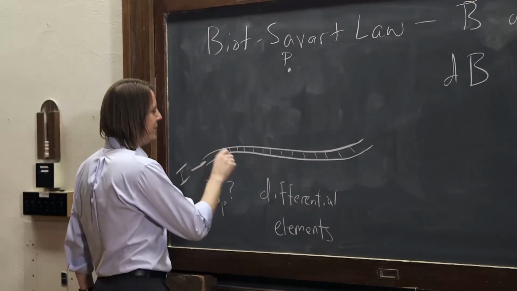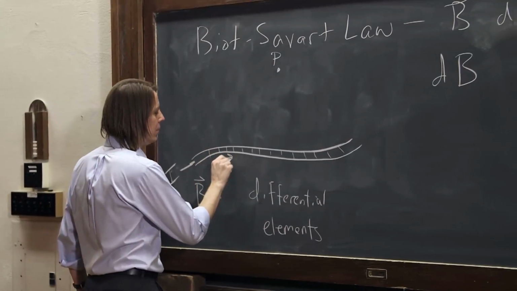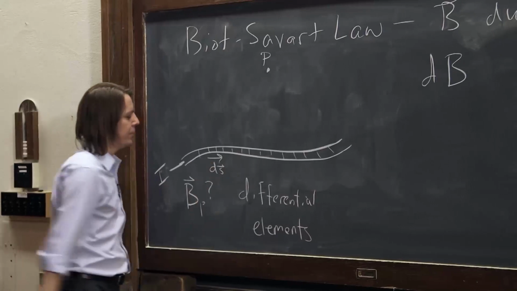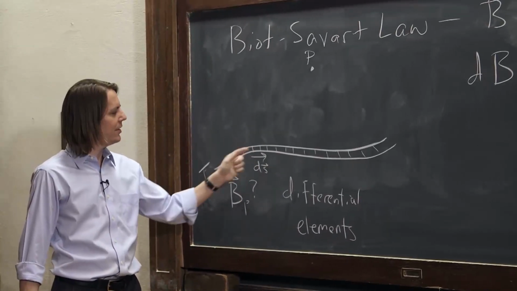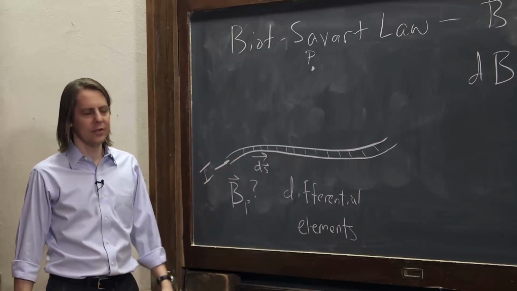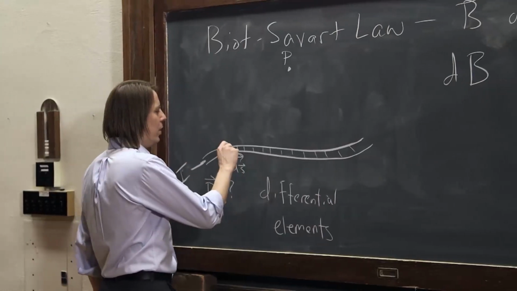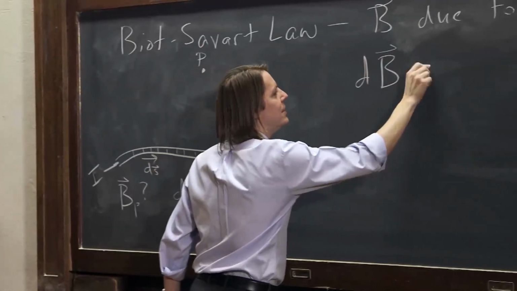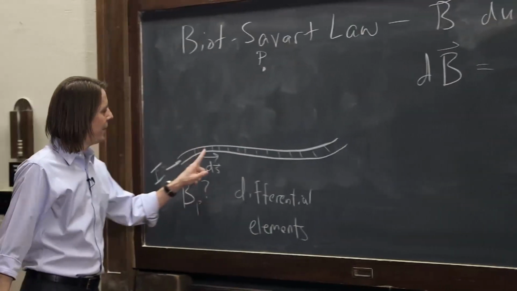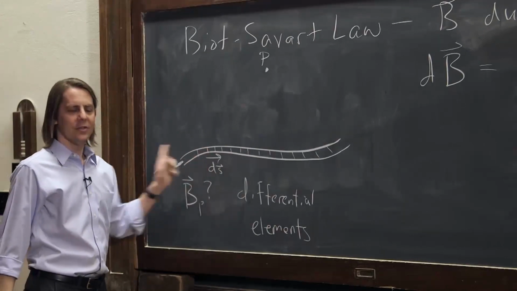So one might be sitting here, and we give them a little vector differential ds. That just means the path. That's really the length in that case along the direction of the wire, ds. And we want to know what differential magnetic field dB is created by this little differential element ds, and then we add them up for the whole wire.